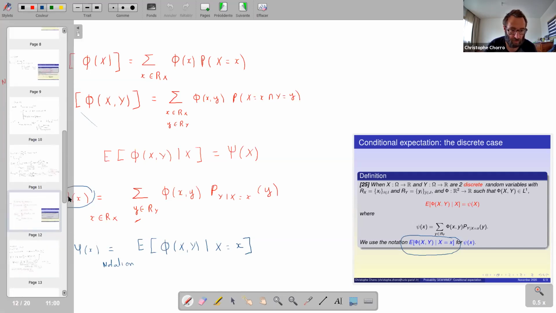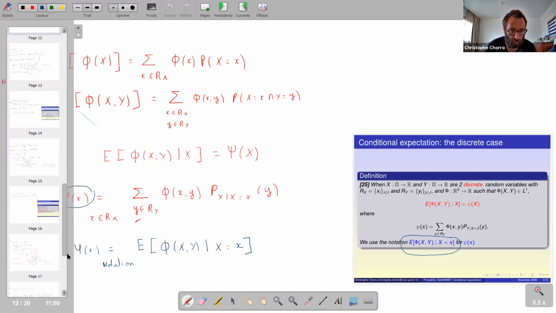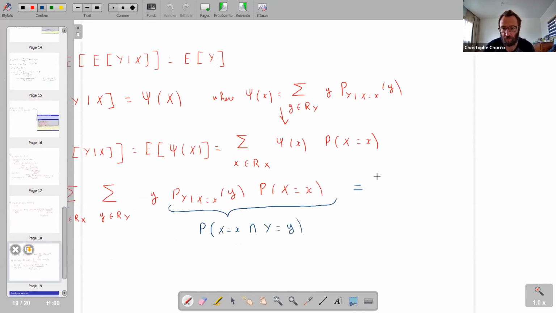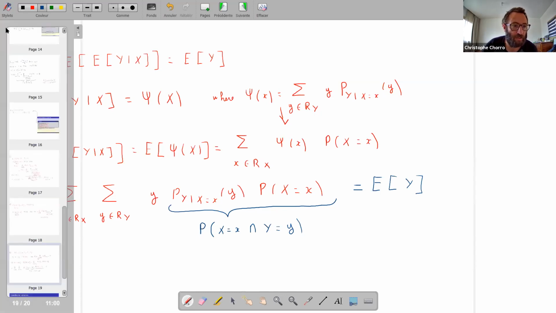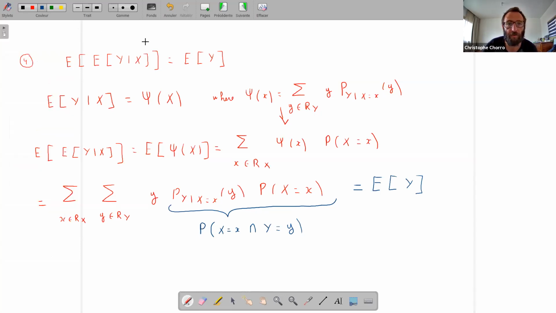So if I come back to my computation here, I recover simply the expectation of y. So I have proved that the expectation of the conditional expectation is equal to the expectation of the random variable itself. So, last statement here.